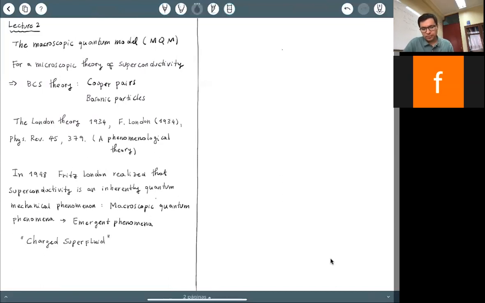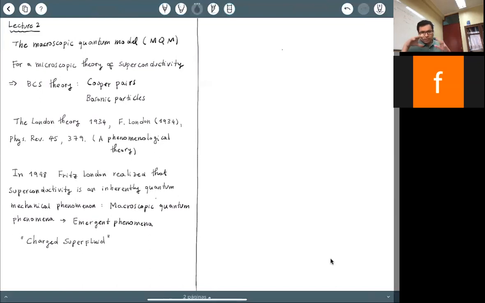Okay. There is also a theory of superfluidity, but without including any charge, of course. This is also included in Landau's theory of phase transitions.